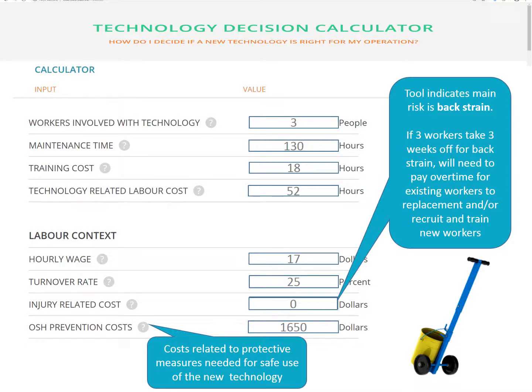So having that in place will change our injury related cost to 0, because in the first place workers won't have to sustain an injury, since we have a preventive measure against injury.